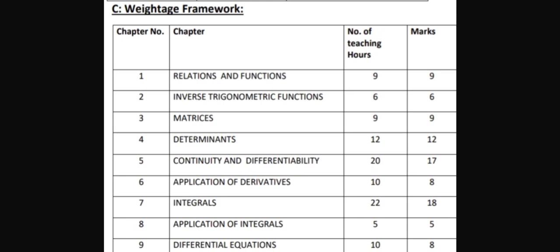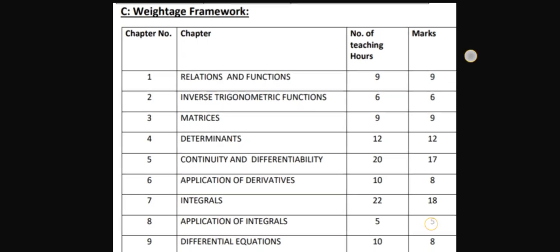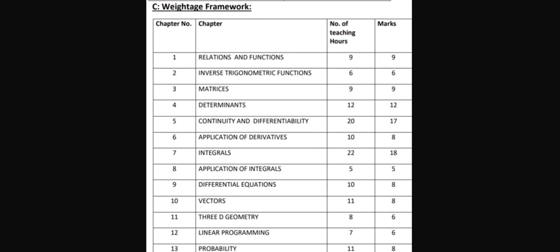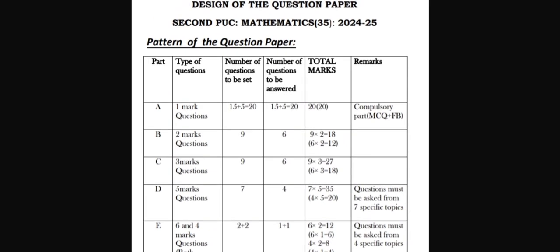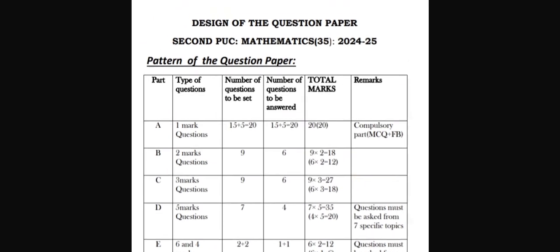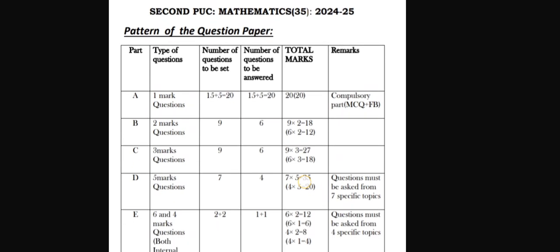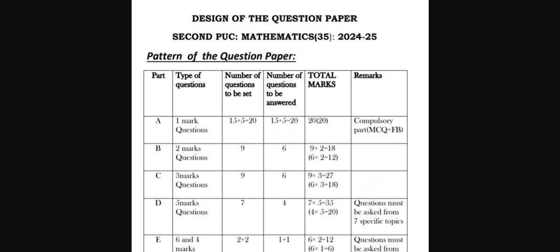Based on the weightage, here are the question patterns. The pattern of the question paper, mainly the design as well as the pattern of the question paper. Mainly the question paper carries 5 parts.